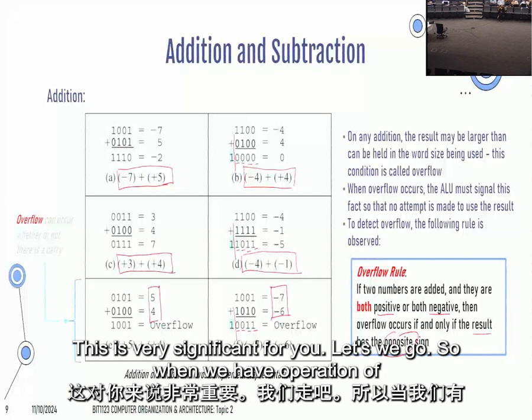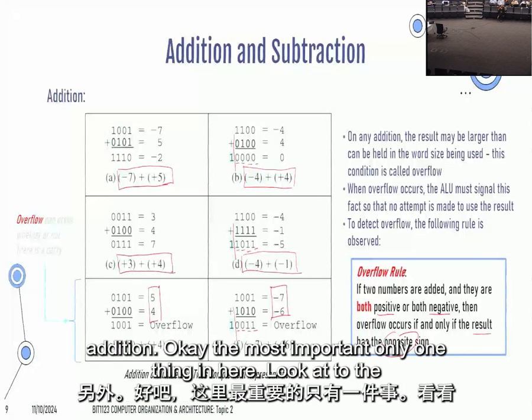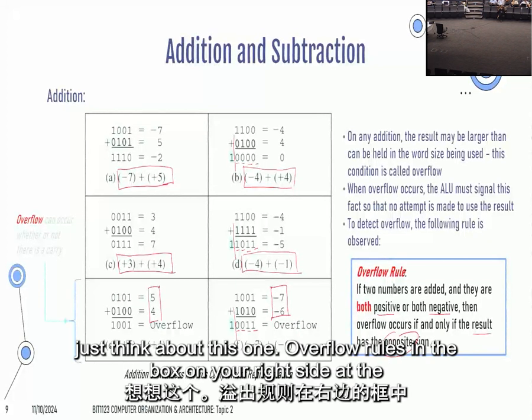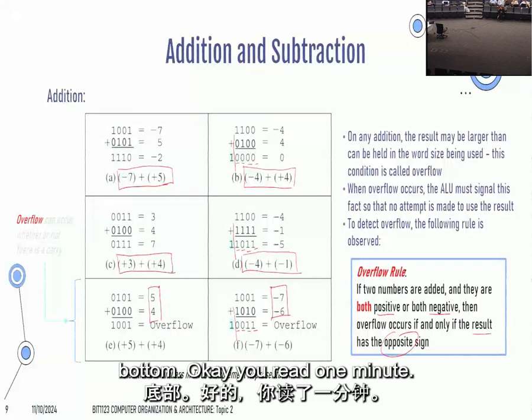So when we have the operation of addition, the most important, only one thing in here: look at the overflow rules. Only that. Please don't think about others. Don't think too much. Just think about this one, the overflow rules, in the box on your right side at the bottom. Okay, you read for 1 minute.